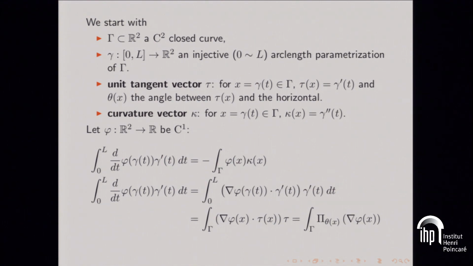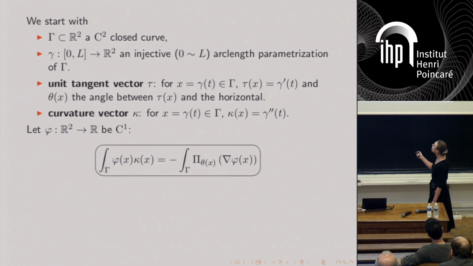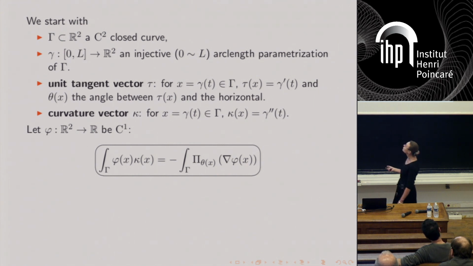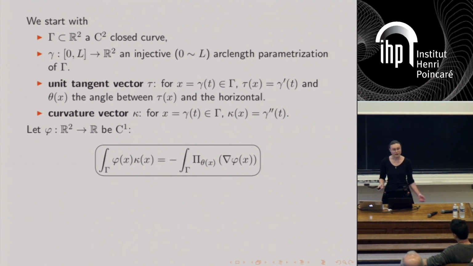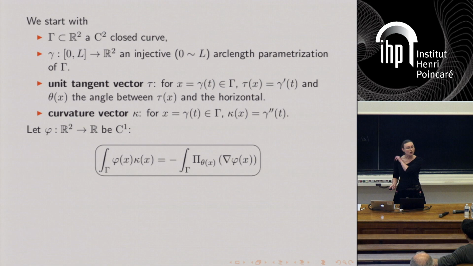This thing is just the projection onto the tangent of the gradient of phi. So you have some equality between an integral involving the curvature here and here a derivative of phi. So you can think of phi as a test function, and here you have a weak notion of curvature.